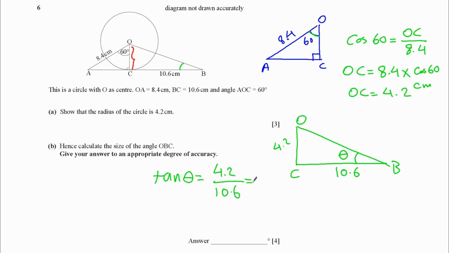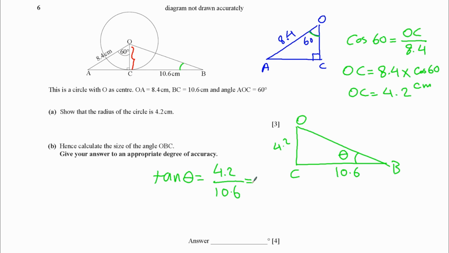I am going to put this on the calculator just to see if we get a reasonable limited number. 4.2 divided by 10.6. Okay, we don't get a number that is limited that we can write in here. What I have on the calculator is 0.396226 and it continues.